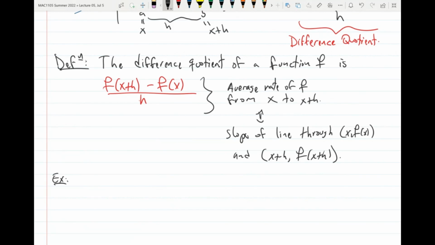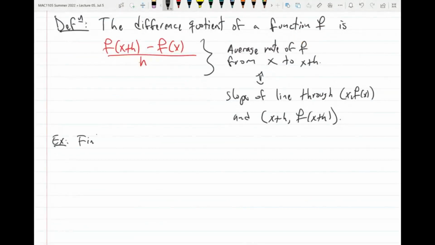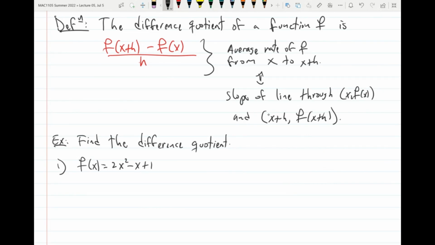So let's see, examples, find the difference quotient. Find the difference quotient, and then let's do 2x squared minus x plus 1.